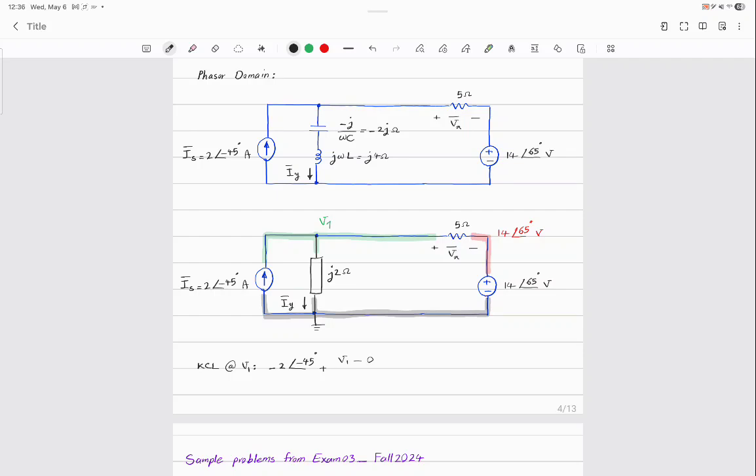V1 minus 0 over j2. Next. V1 minus 14 angle 65 over 5. Equal to 0.